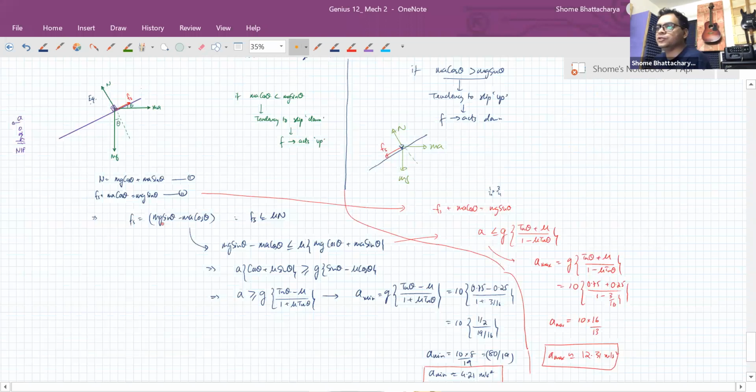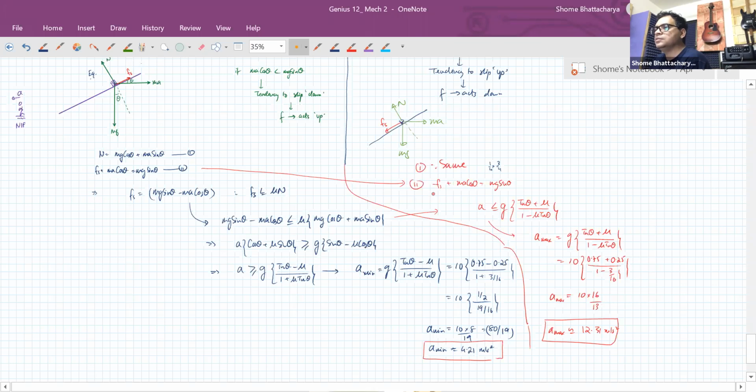So we can do a comparative study of the two equations. Equation 1 will be the same, but in equation 2, friction is replaced with a minus sign. So when we solve later, replace mu with minus mu, because only the direction of friction has got reversed. Rest of the limiting condition is the same.